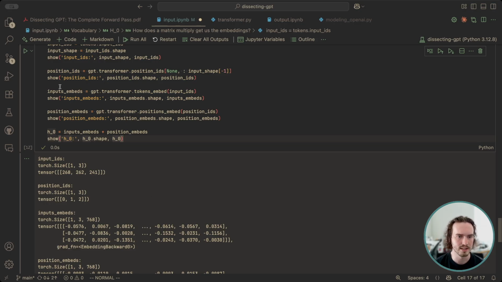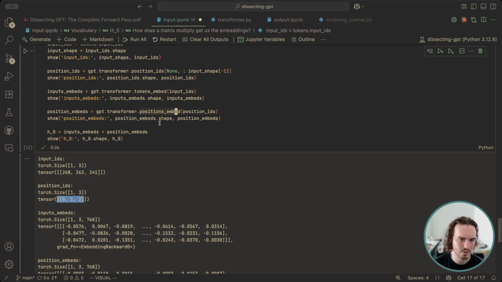So we can get the input embeds by invoking our tokens embedding matrix with our input IDs. And then we can do the same with our positions embed with the position IDs.